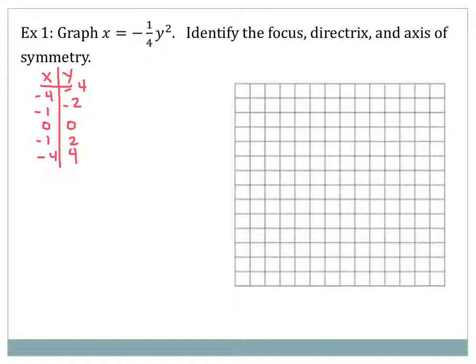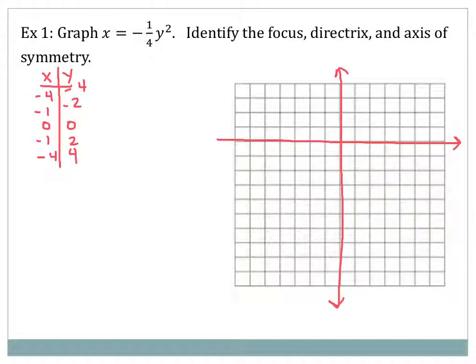So what I'm looking at is a parabola that is going to face left. When you have a parabola opening left or right, it's going to face the direction of the sign on the axis that is squared, so this is going to face the negative side. And you can see most of my numbers are negative, so I'm going to put my x-axis way up here and my y-axis right down the middle.